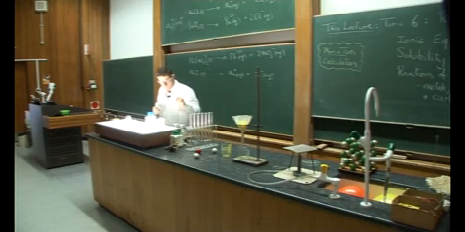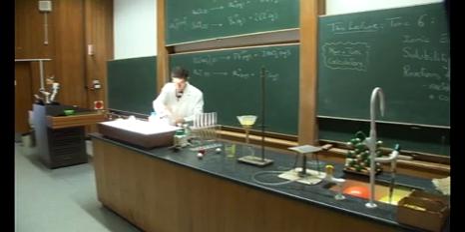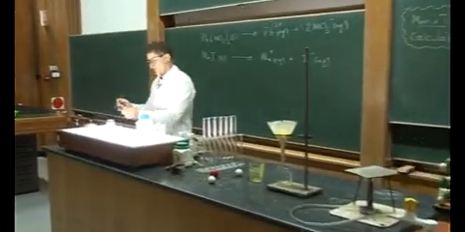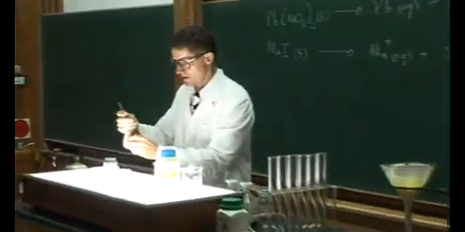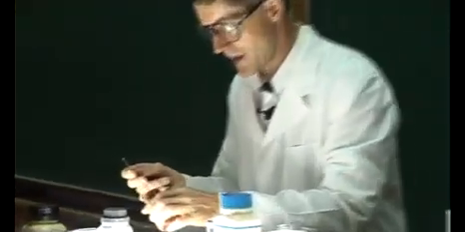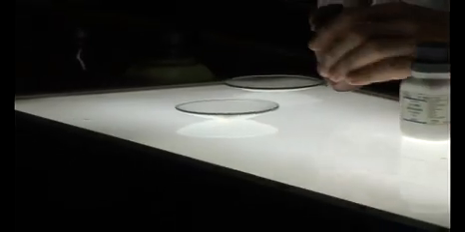As it happens, I have a sample here of something that says lead iodide, and if I put a sample of that out, you'll see that it's a yellow compound. So a good possibility for what I've made is lead iodide.